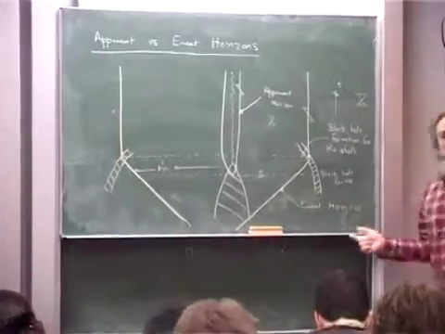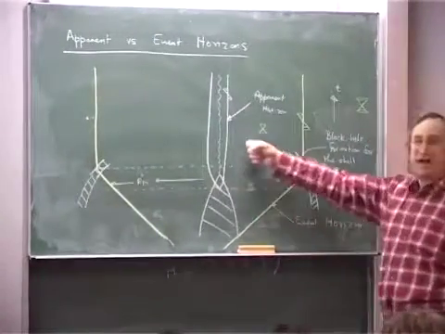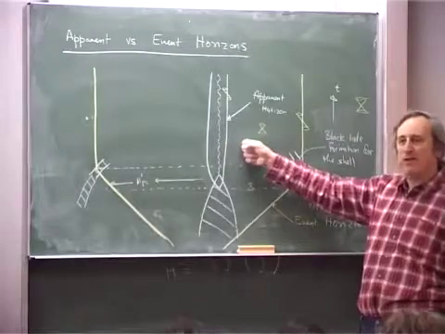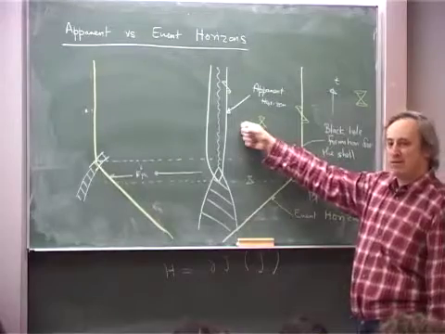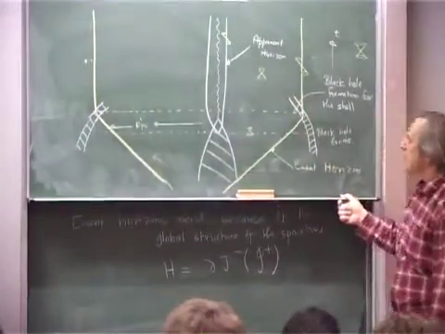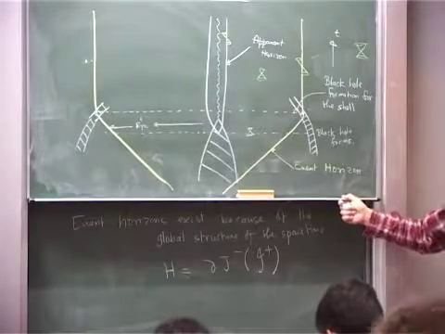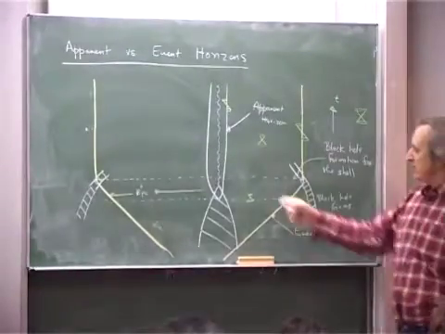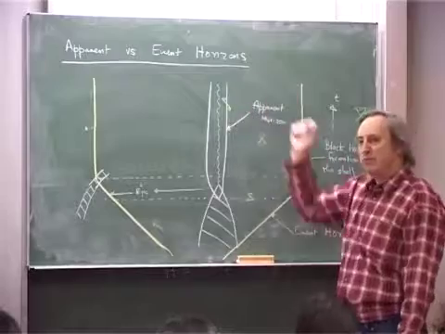If you are inside it, you're stuck inside it. But you can be here, and you'll definitely be outside it, but still within the event horizon, because you're inside this yellow area. You cannot escape to infinity from here. So it's clear that the apparent horizon does have something to do with curvature of space-time, because it represents a location where the gravitational field is so strong that you can't move outwards.